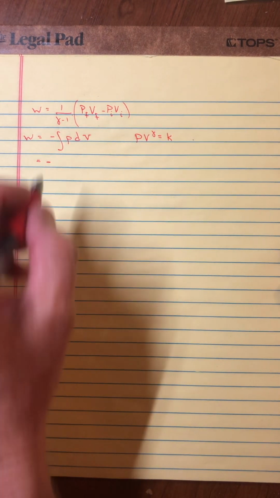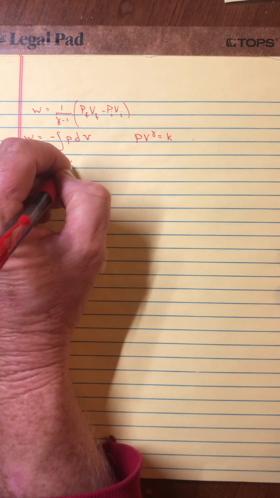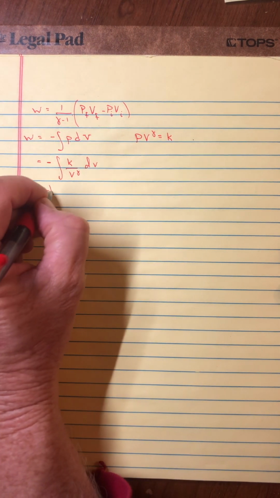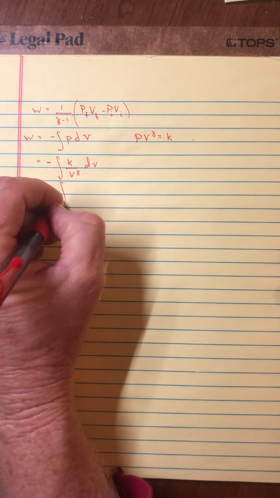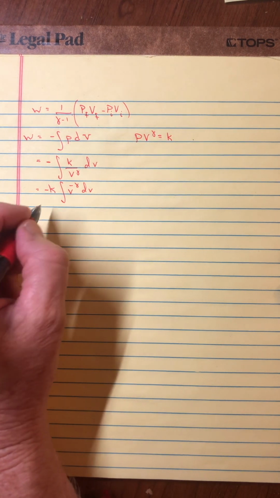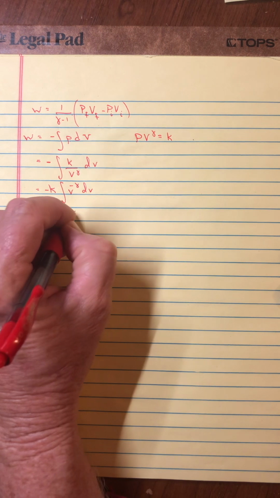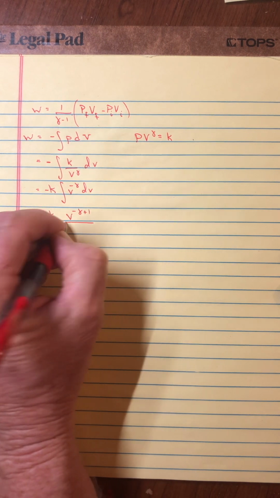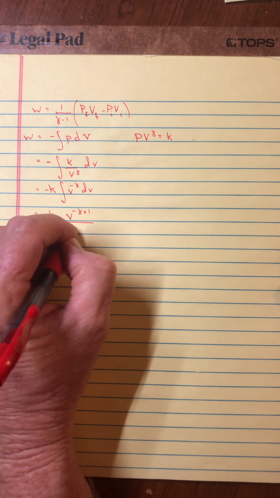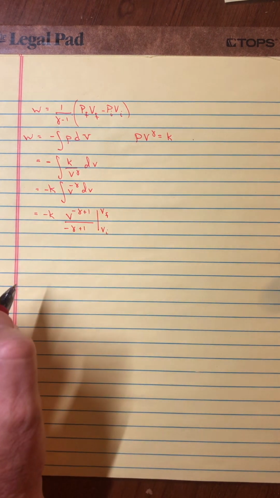I'll call it K. So I could replace pressure with K over volume to the gamma, which I'll take out the K and write it as minus gamma in the exponent. And then that way, when I integrate it, it becomes gamma plus 1 over the same exponent, so minus gamma plus 1 evaluated from initial to final.